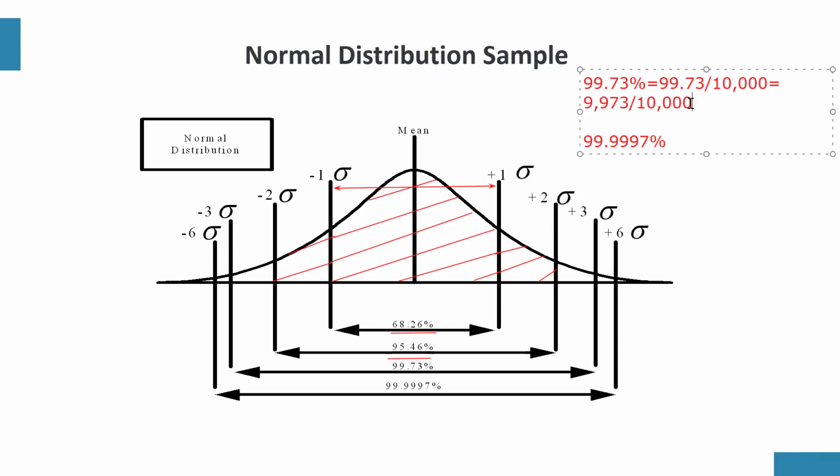That means that out of 10,000 products, only 27 products can be defective. But let's look at 6 sigma. What is 6 sigma really telling us? 6 sigma is saying 99.9997 over 100. And if we want to remove the decimal points, we have to go 4 places, and that will mean 1 million.